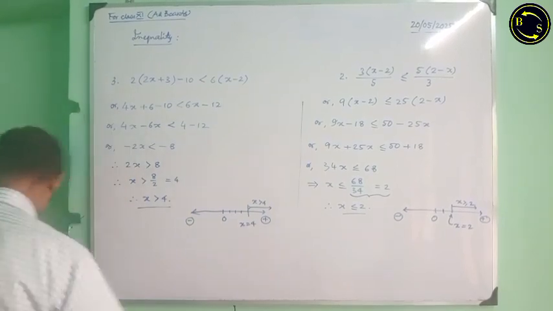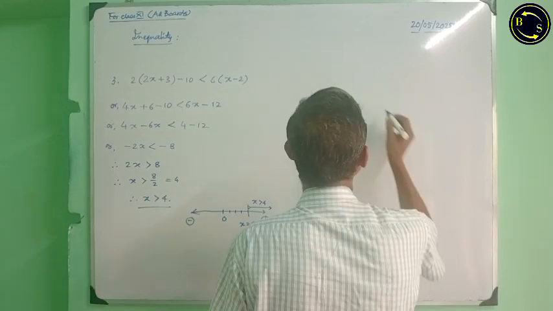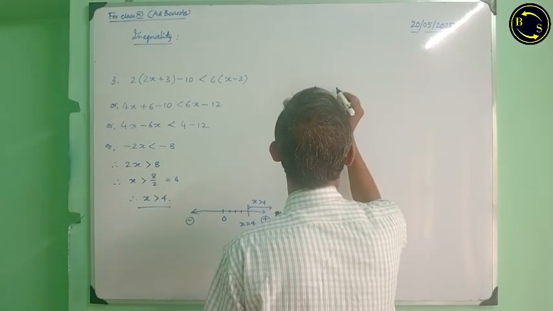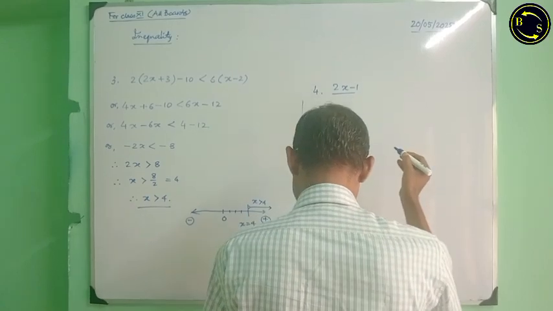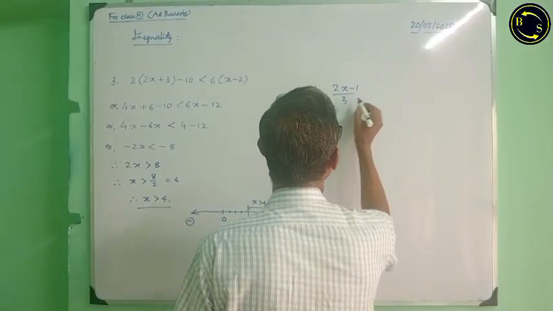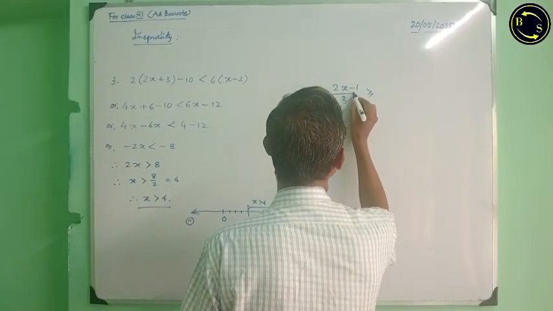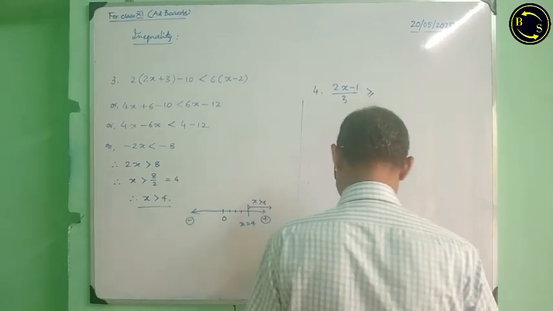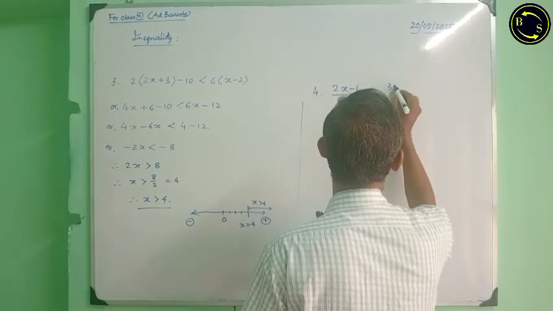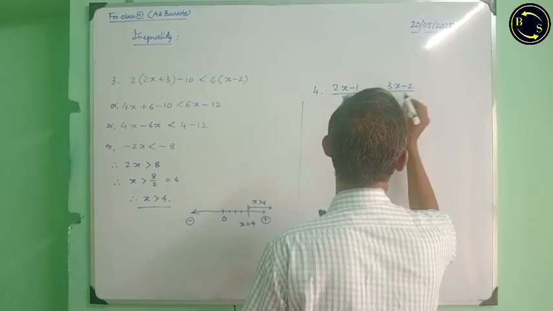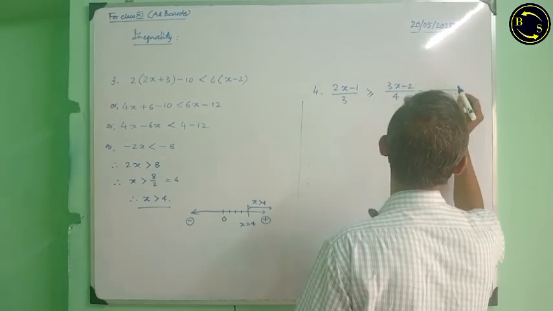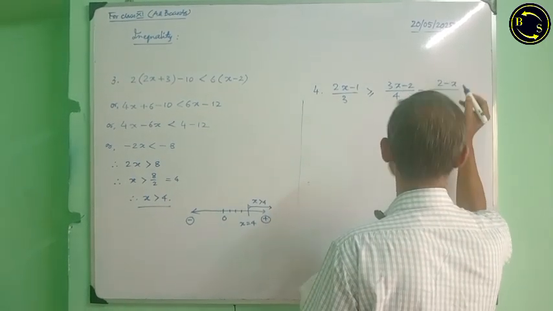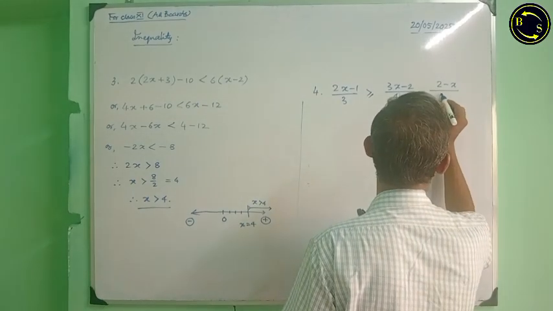Next, number 4 sum: 2x minus 1 divided by 3 greater than or equal to 3x minus 2 by 4 minus 2 minus x by 5.